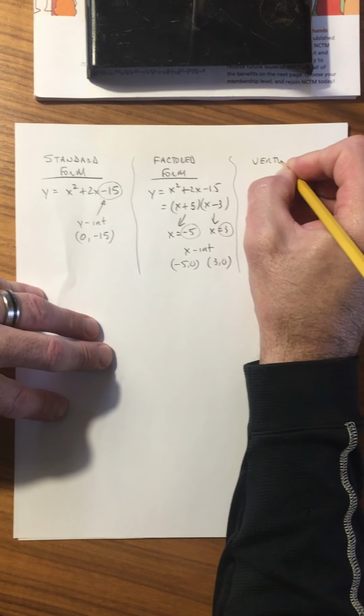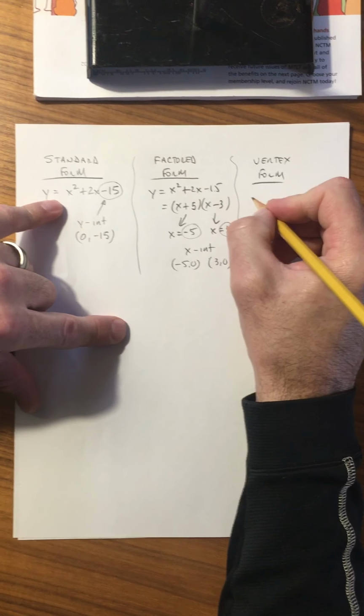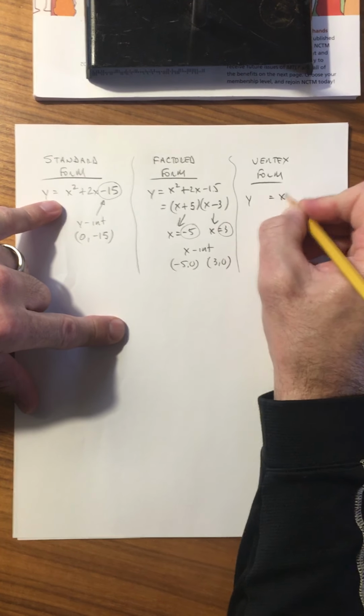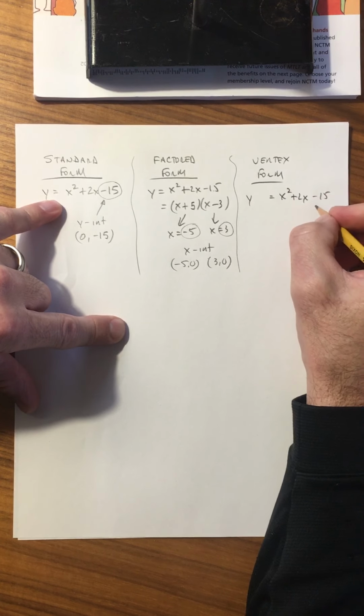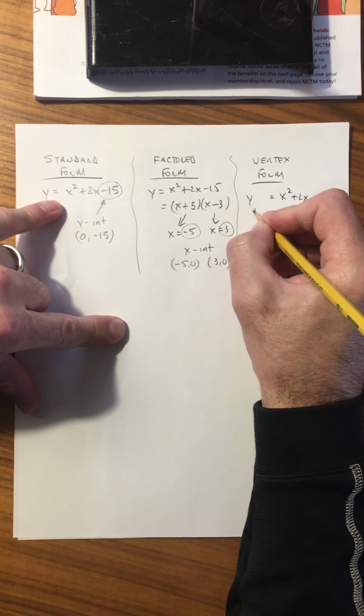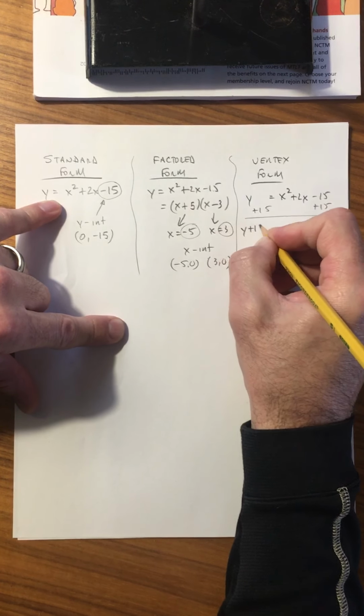And then lastly, we can take the standard form and we can complete the square to put it in vertex form.